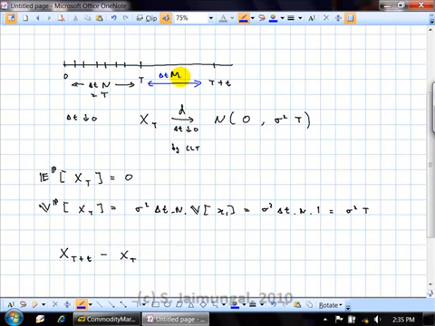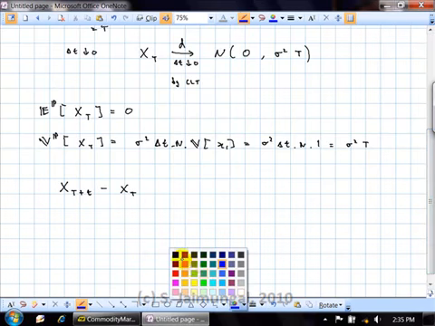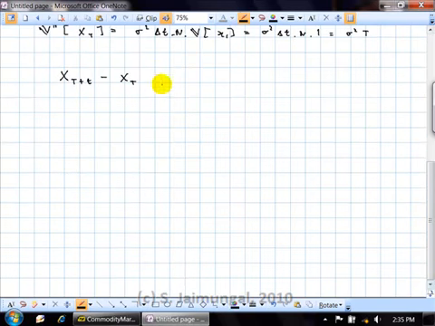And we want to take the limit, of course, as both n and m go to infinity. And this delta t times m has to be equal to little t because that's the amount of time in between those two points. What can you tell me about this difference in distribution?